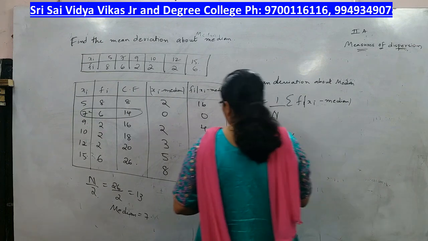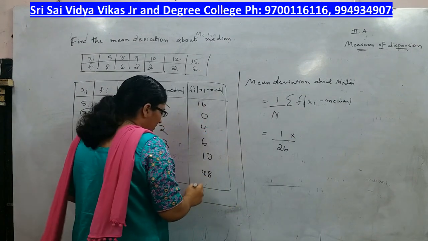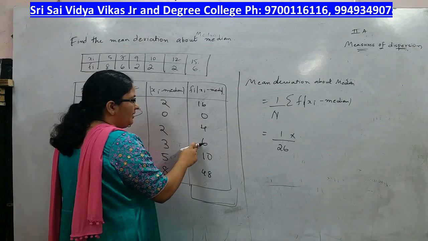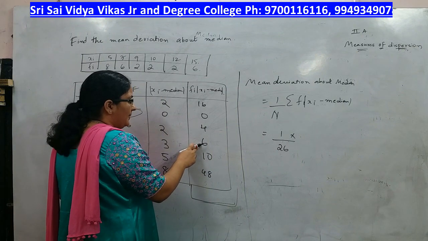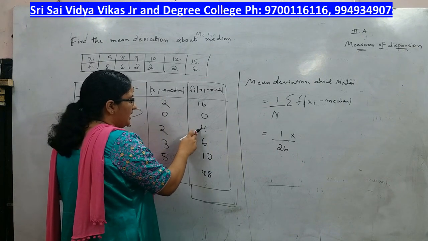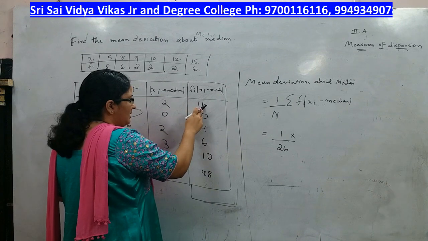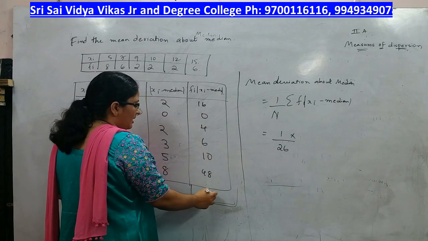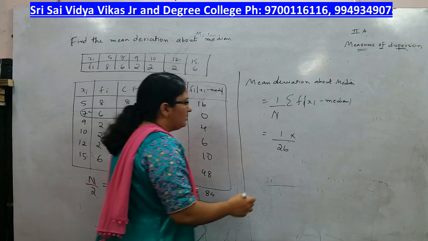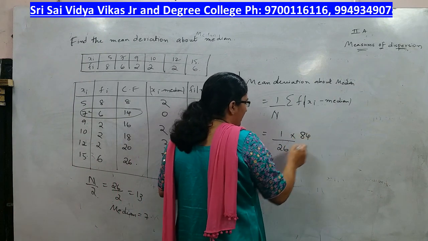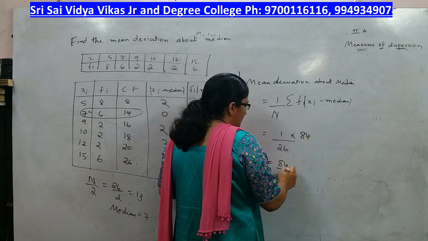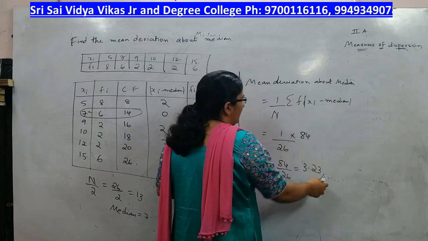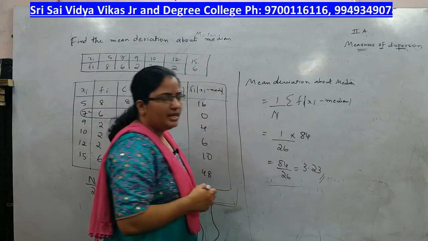Here you have to add these values. 48 plus 10 is 58, 58 plus 6 is 64, 68, 78, 78 plus 6 is 84. So that is 84 by 26, which is 3.23. This is the value of the mean deviation.